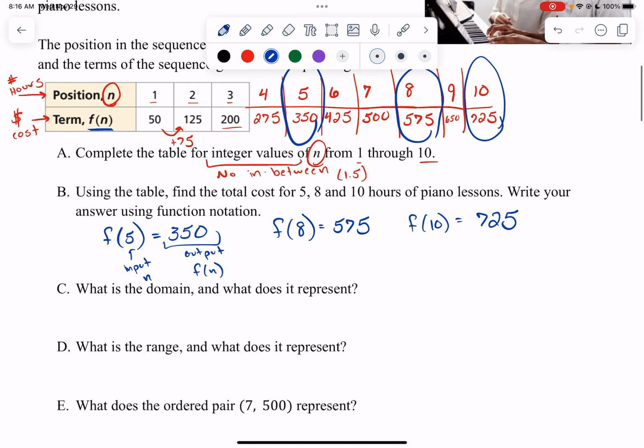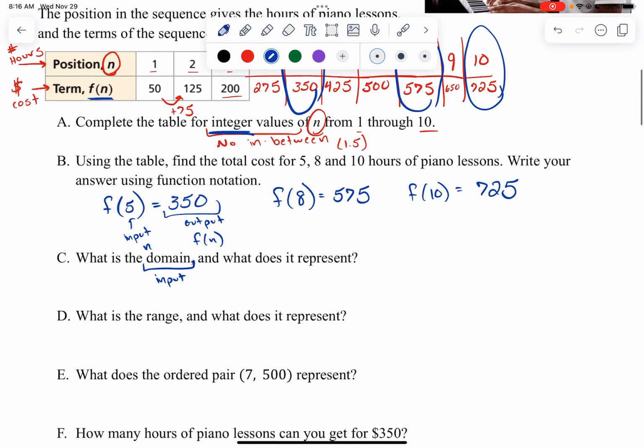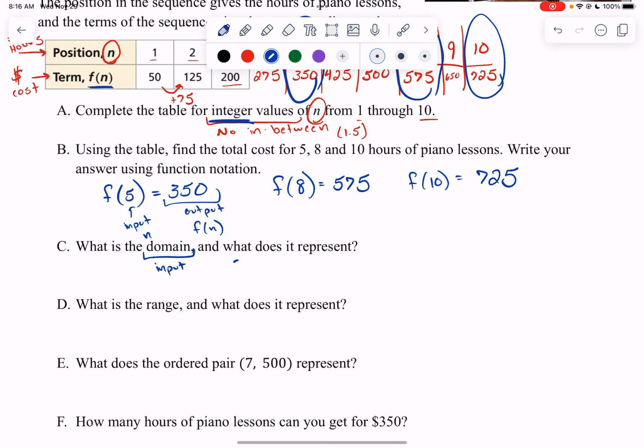Okay. Next question, what is the domain? Again, the domain is the set of all inputs. And what does it represent? So my domain in this case is we're only dealing with integer values. You can't do half an hour of piano lessons according to this, apparently. We can only do integer values. So my domain would be the set of numbers starting with 1.